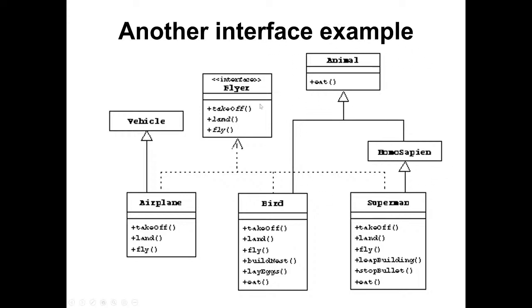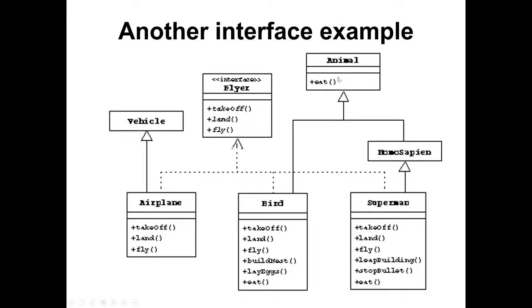So the hierarchy, how can interfaces be used? Yeah, that's maybe a bit tricky, but again we have the interface Flyer, which can be implemented in classes like Airplane, Bird, and Superman, for example. And these classes can have different superclasses. In this case, Superman is a subclass of Homo sapiens, which is a subclass of Animal.